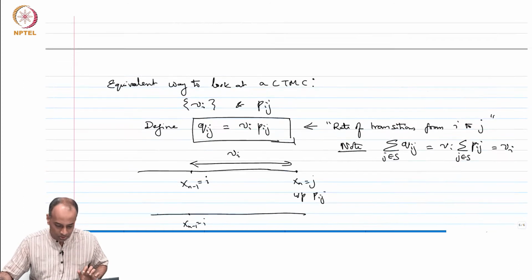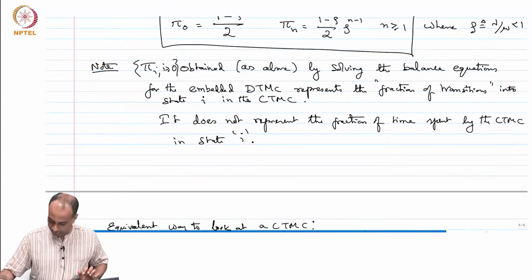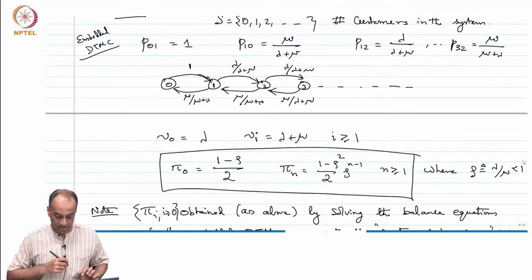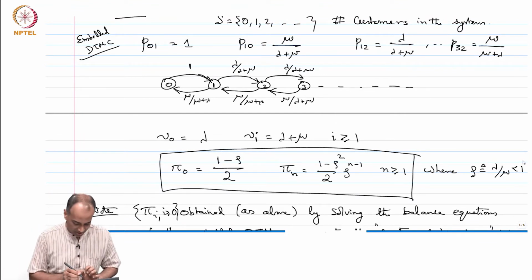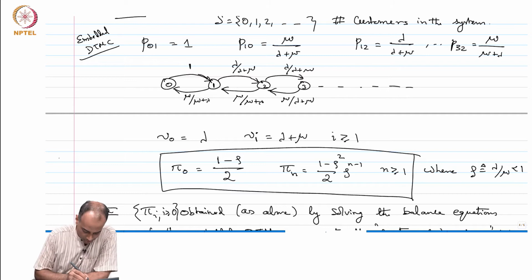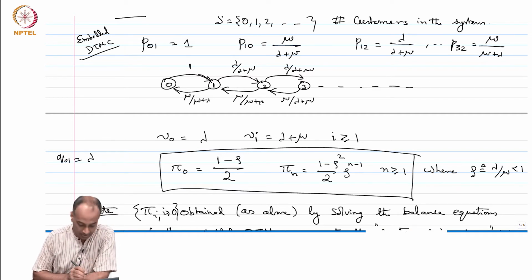So, if you go back to the MM1 example, these are the nu i's. What are the Qij's for this example? Q01 will be lambda, Q12 will also be lambda and so on, and Q10, Q21, Q32 and so on will all be mu.